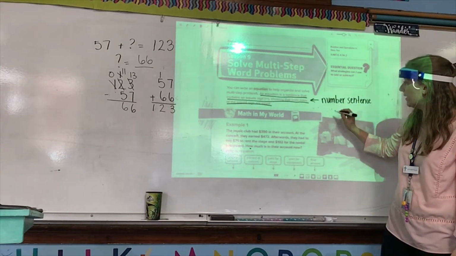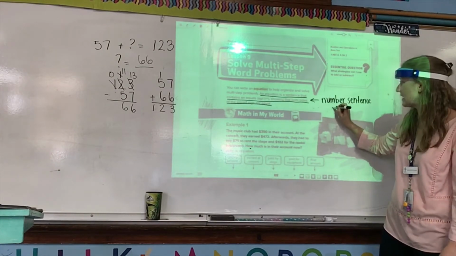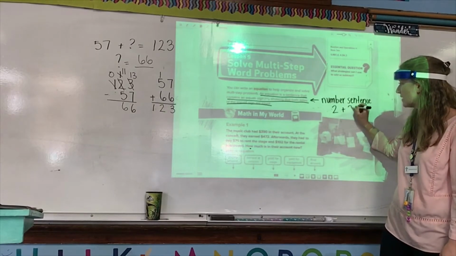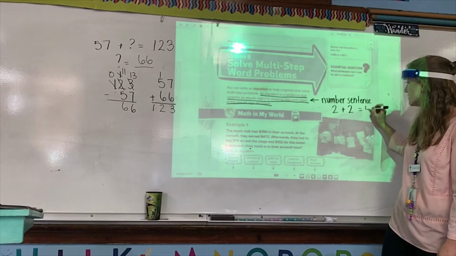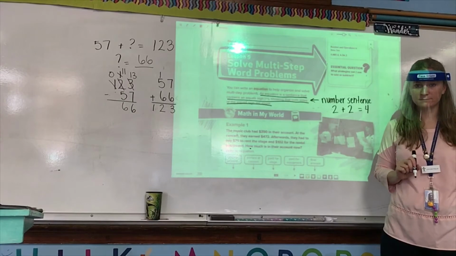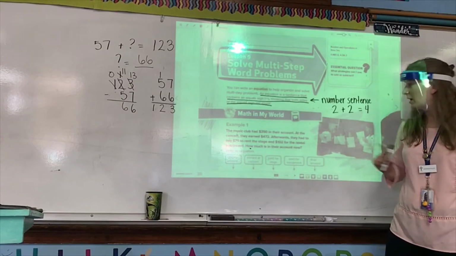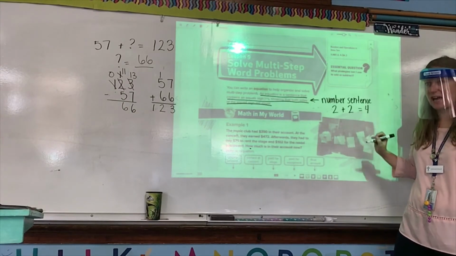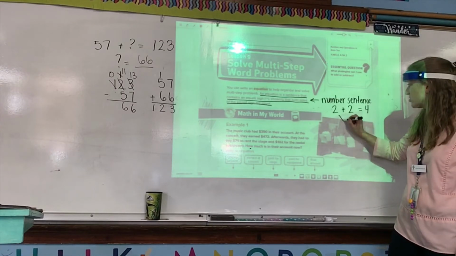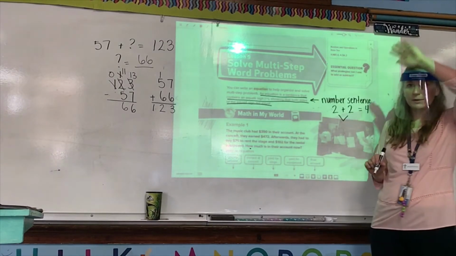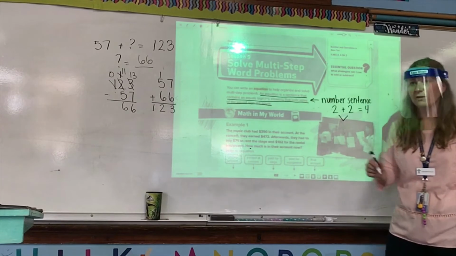An example of an equation, a number sentence, is 2 plus 2 equals 4. This equal sign shows that both sides are equal because if I add 2 plus 2, what do I get? Class, what do I get? 4.